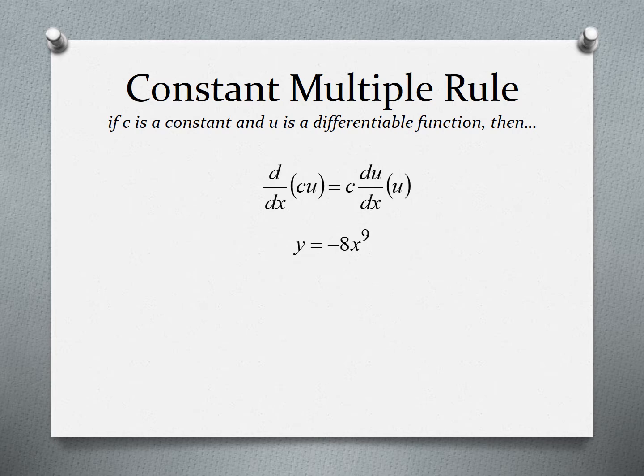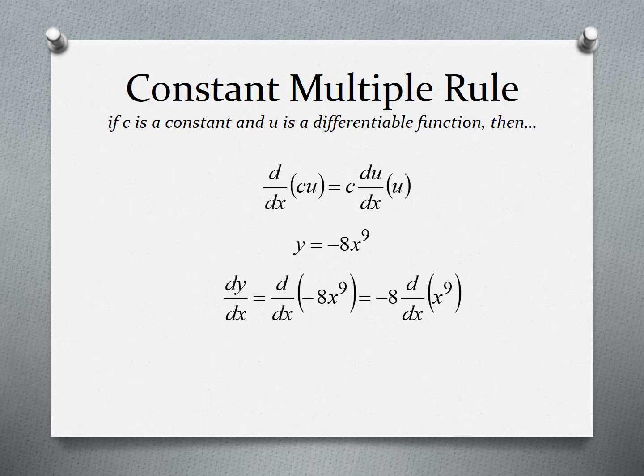Now in our example, we have y is equal to negative 8 times x to the ninth. If we want to find the derivative, remember we're looking for, in context, the slope of the tangent line, then we're going to move that negative 8 off to the side, and we're actually going to differentiate the x to the ninth.